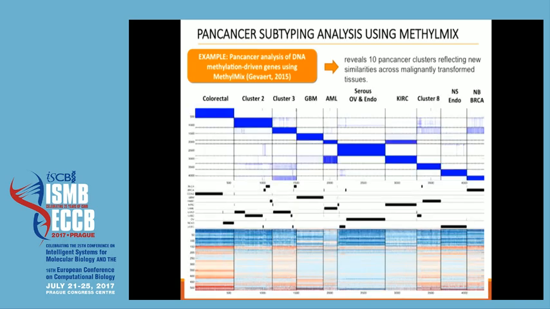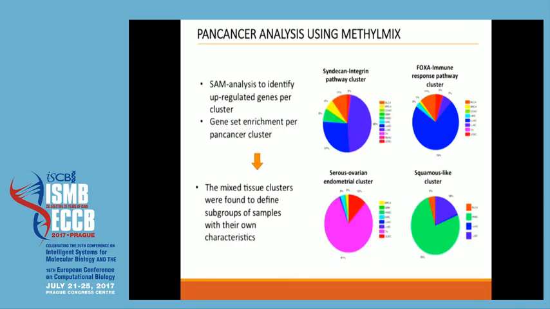We identified 10 different clusters of patients. 6 of these referred just to individual cancer types, but 4 were mixed. And then we applied various analyses of clinical data and gene expression data to identify different themes and pathways that were associated with each of these mixed subtypes. So that describes how you can use it to do pan-cancer analysis.